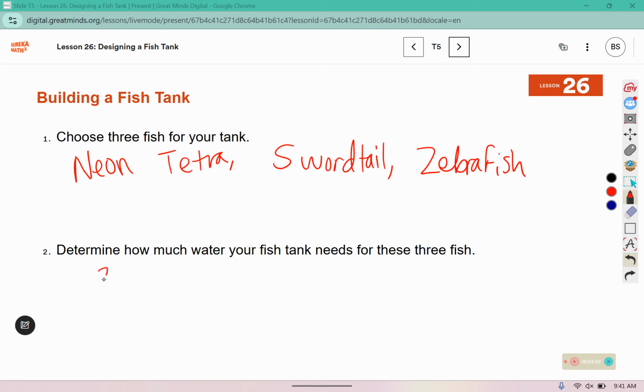Well, the neon tetra is 2 inches, the swordtail is 4 inches, and the zebrafish is 2 inches, which is a total of 8 inches in length. And we know that for each inch, they need 4,000 cubic centimeters of water. So 8 times 4,000 is 32,000 centimeters cubed of water.